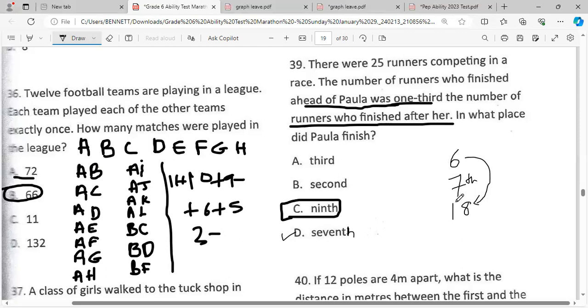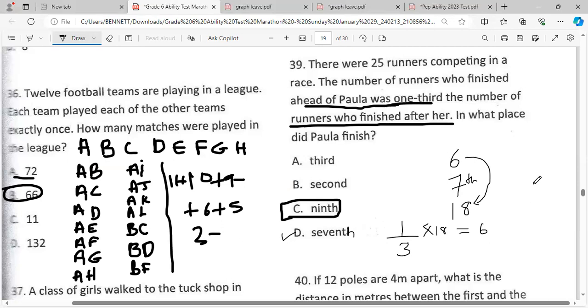6 is actually 1/3 of 18. So if we find 1/3 of 18, we get 6. So we think that there was a little error with the typing. Maybe we just made a mistake, sir. No, 6 is 1/3 of 18. If you find 1/3 of 18, you get 6.